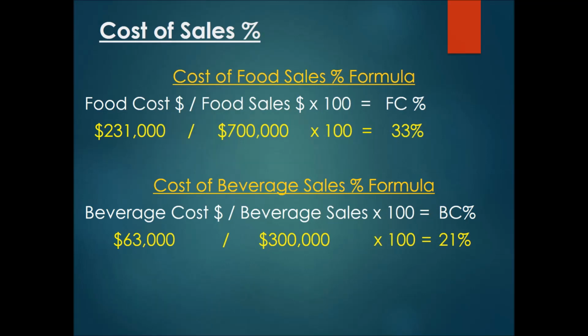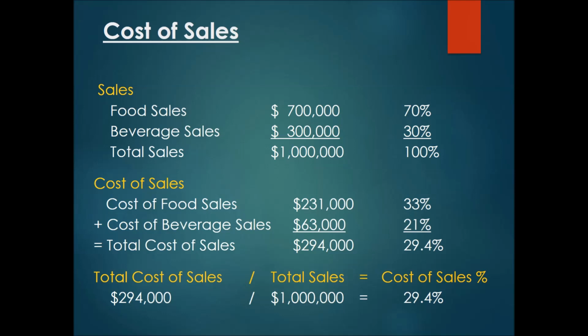So let's look at cost of sales. We talked about in our example, we had food sales of $700,000 and beverage sales of $300,000 for $1 million in total sales. There are our percentages. We divide the 700 by 1 million or the 300 by 1 million to get those percentages. So our total sales is broken down: we make about 70% of our business from food and 30% from beverage.